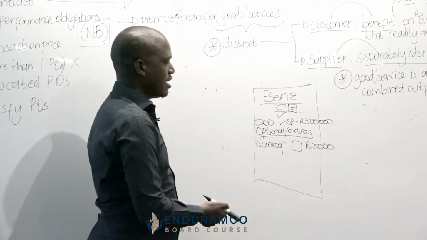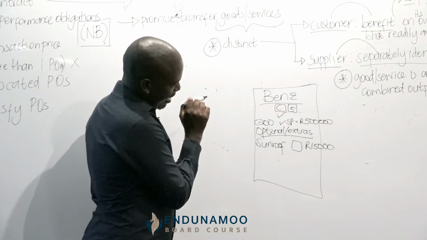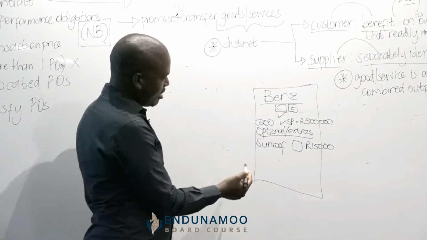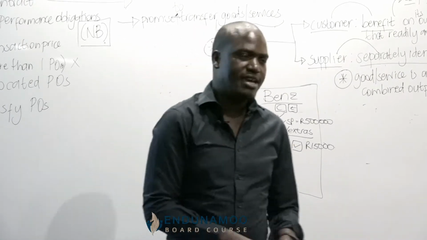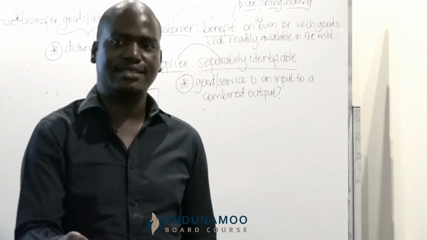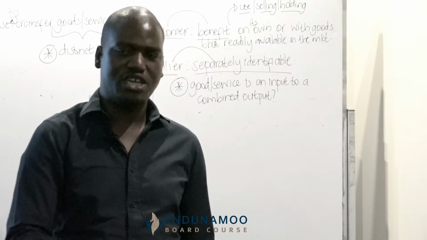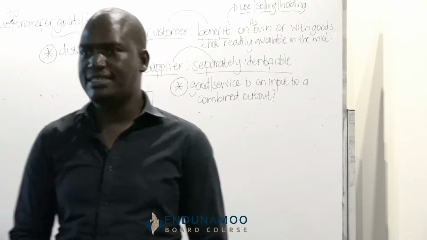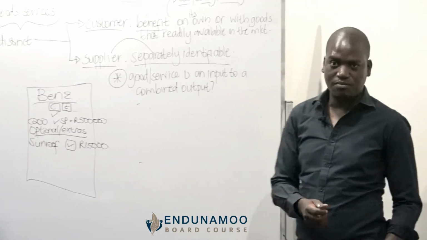So now you are looking at this and you are saying that the entity, the dealer or the manufacturer, when you decide to tick the sunroof, are you demanding a good that is distinct? In other words, the company's obligation to transfer the sunroof to you, is it something that is separately identifiable from their other obligation?